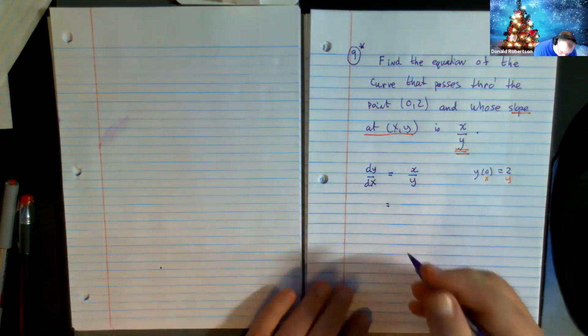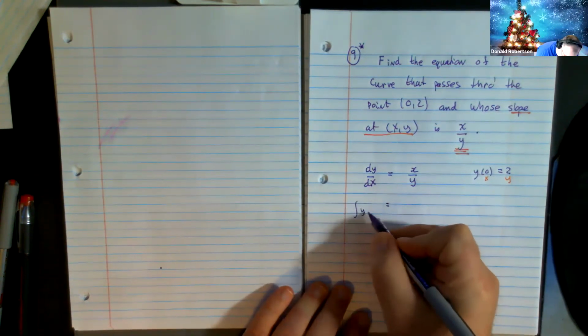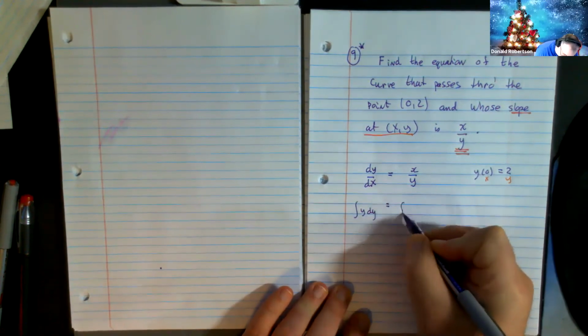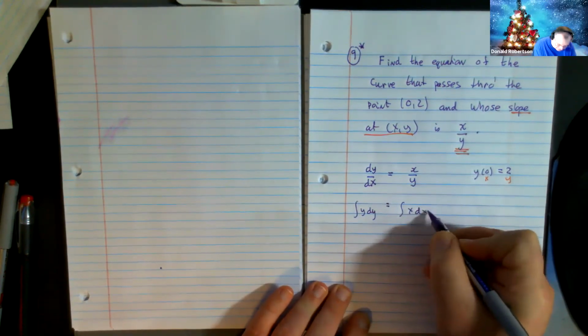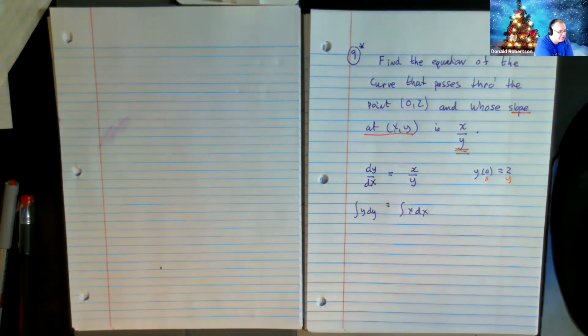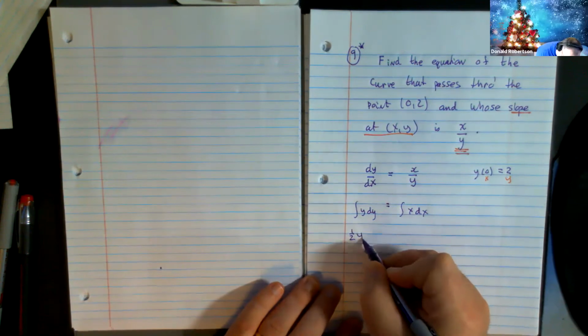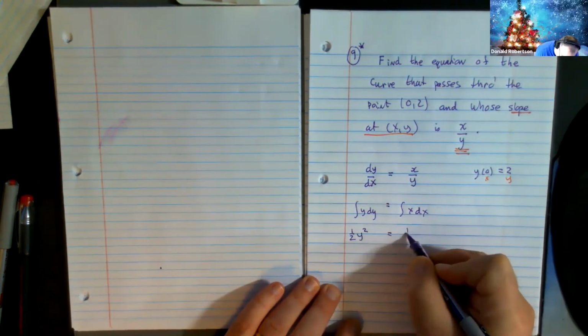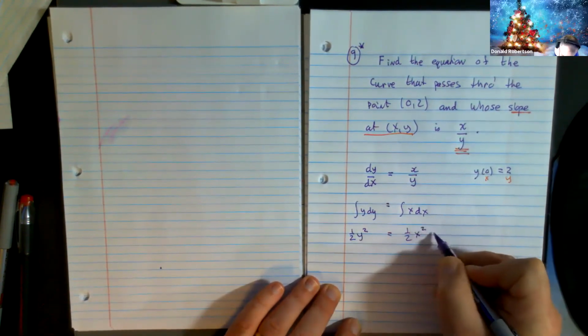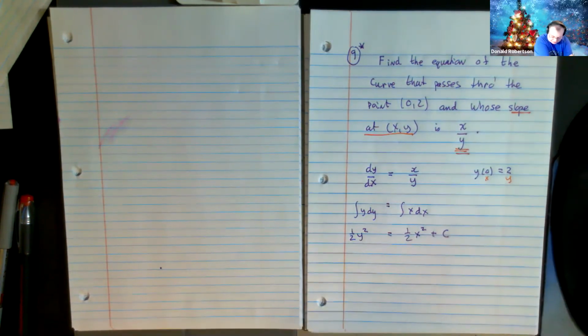So we go straight in the crossover. And you can't get much easier than integrating an x and a y. So this guy is 1/2 y squared, and this guy is 1/2 x squared plus c.